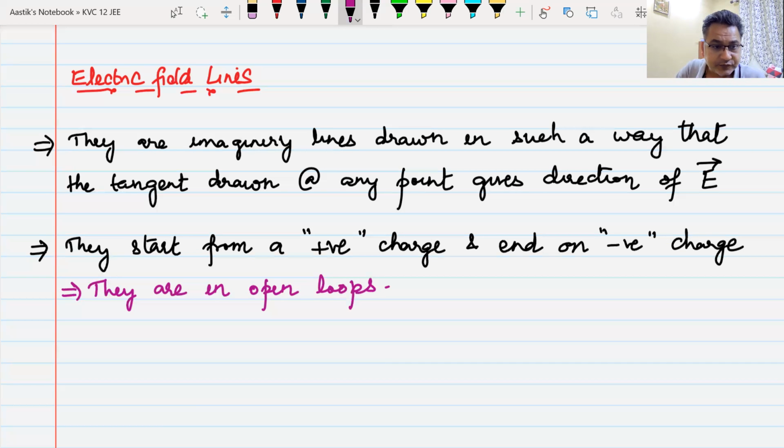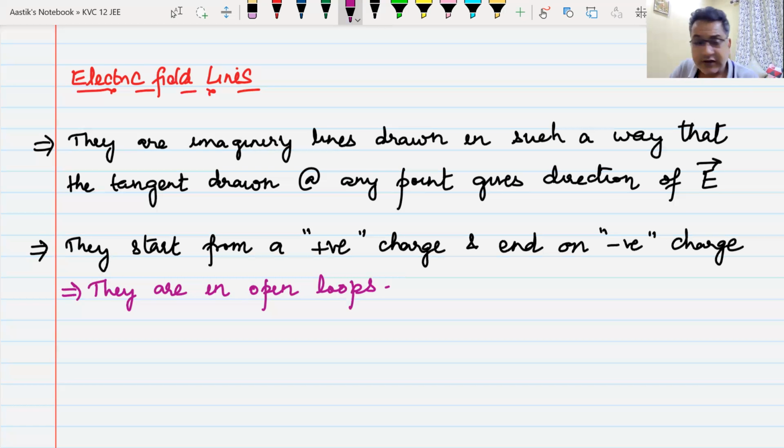They start from a positive charge, or they are directed away from a positive charge, and electric field lines always end on a negative charge, or they are directed towards a negative charge. Do we understand this? These are two diagrams that will help you understand the same thing.